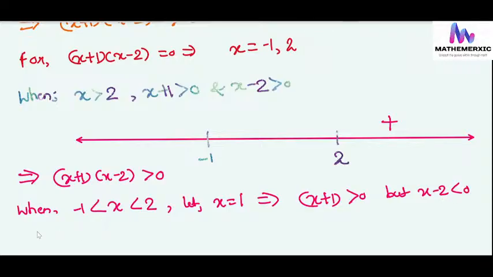So we can say that (x plus 1)(x minus 2) is less than 0. So we can keep here negative.